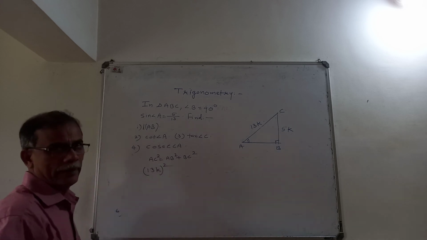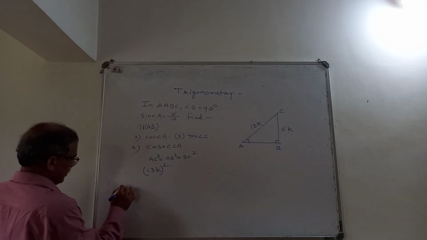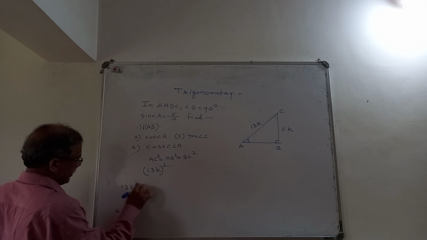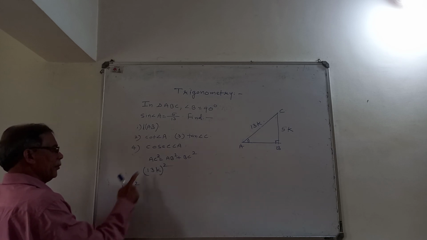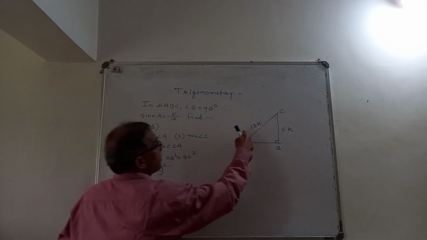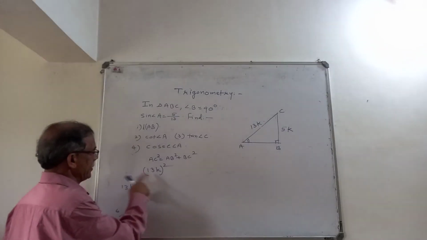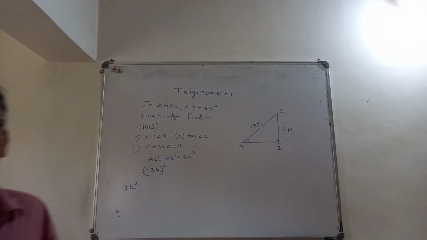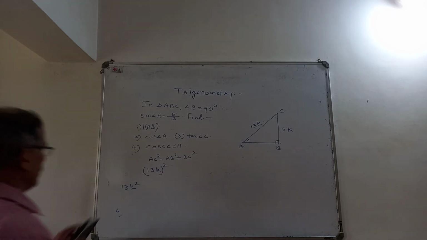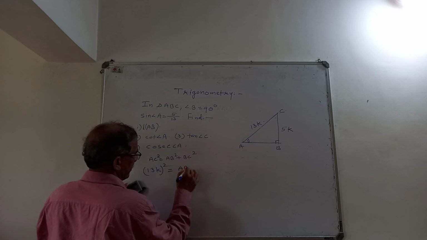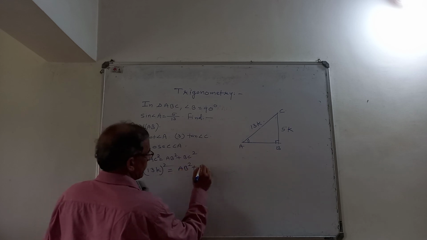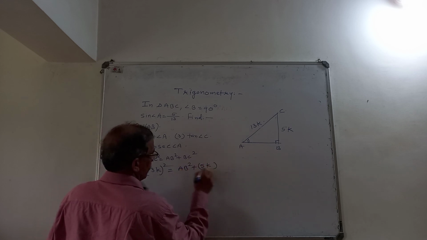That is important. You cannot write 13k square simply, because here this square is applicable to only k. We are making square of 13k. So whole square, that is important. Okay, 13k whole square should be equal to AB square, we don't know, we calculate it, plus BC square, 5k whole square.